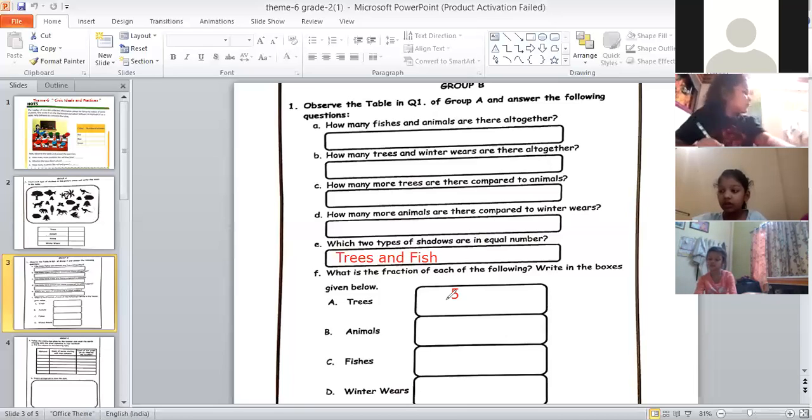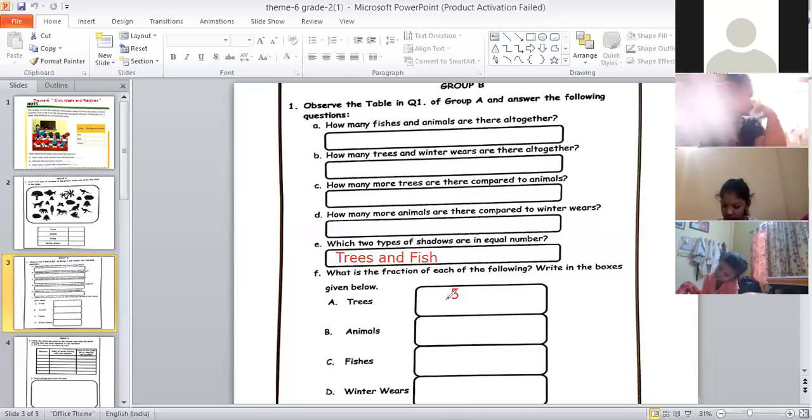How many trees are there? 5. How many fish? 5. Okay. How many animals? 6. Good. How many winter bears? 4. So now count 5 plus 6.